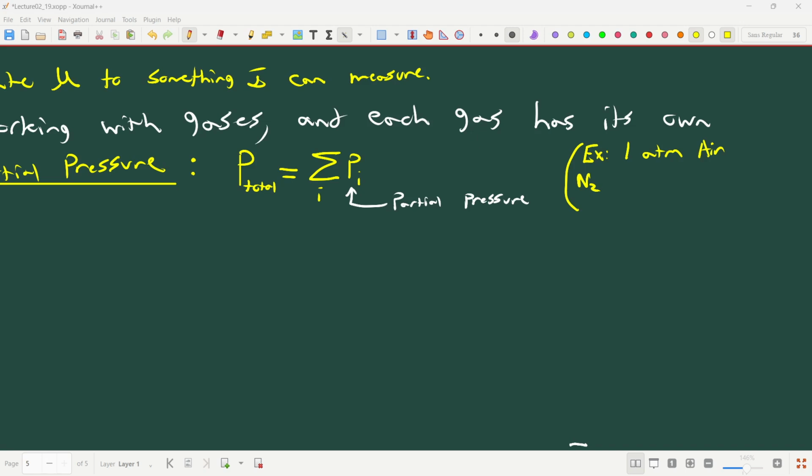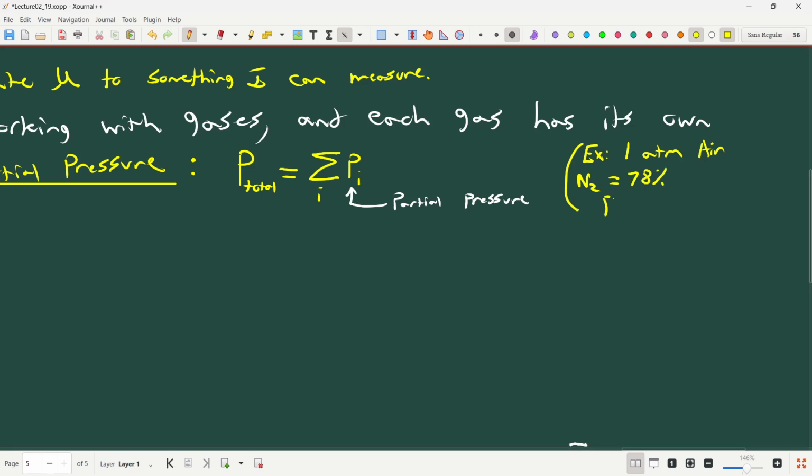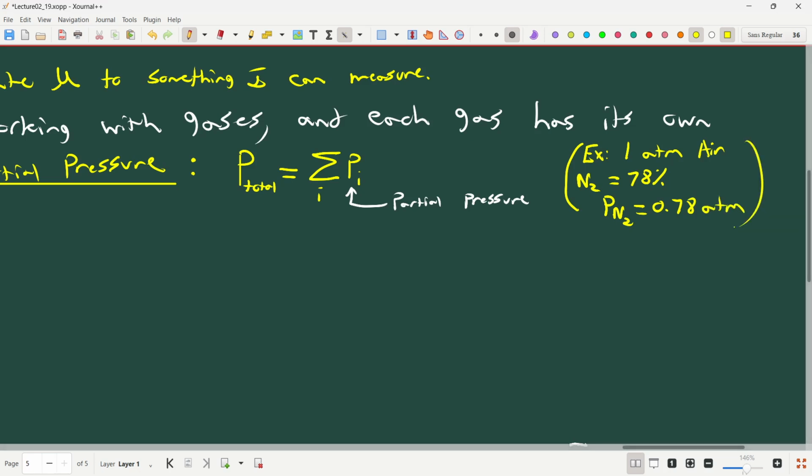I don't either. It's 78. So N2 is 78%, so its partial pressure is 0.78 atmospheres. Super easy. It's just the amount of pressure it contributes to the total gas.